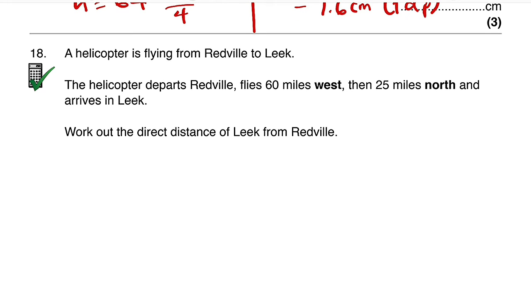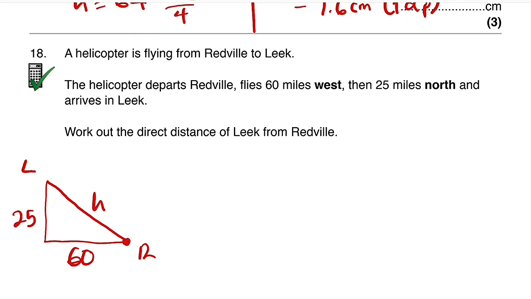Suppose the helicopter starts somewhere here. Where is west? This is west, right? So this is 60 miles. Then 25 miles north. North is somewhere here. This is north, 25. And arrives at Lake. So this is Lake, and the first point is Redville. So the direct distance is this, the hypotenuse, h.